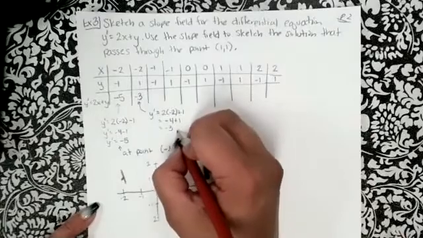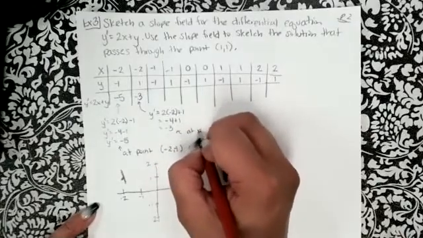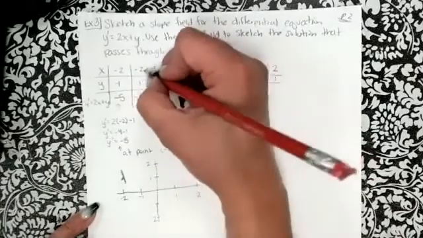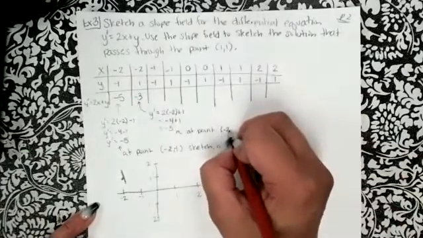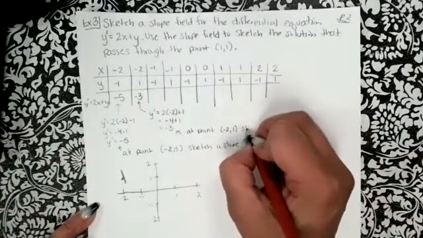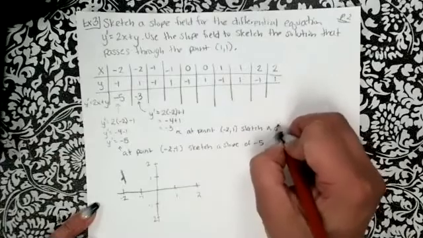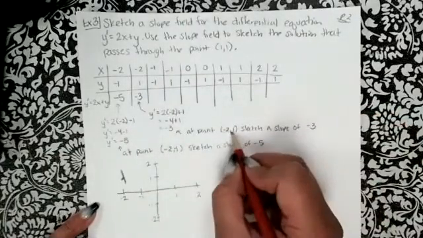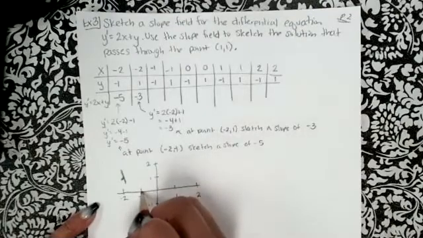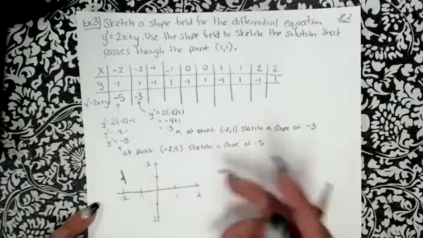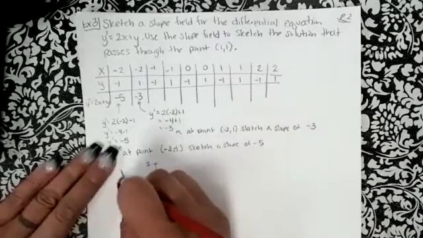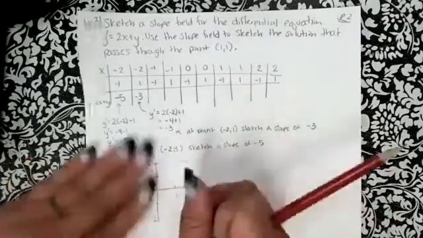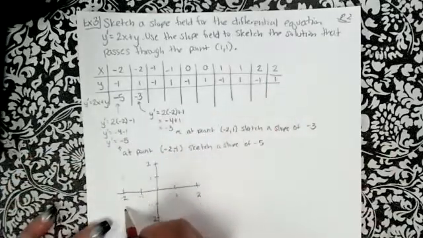So now what this says is at the point -2, positive 1, I want to sketch a slope of -3. So let me look for that point. -2, positive 1. Oh, I messed up. -2, -1 is down here.